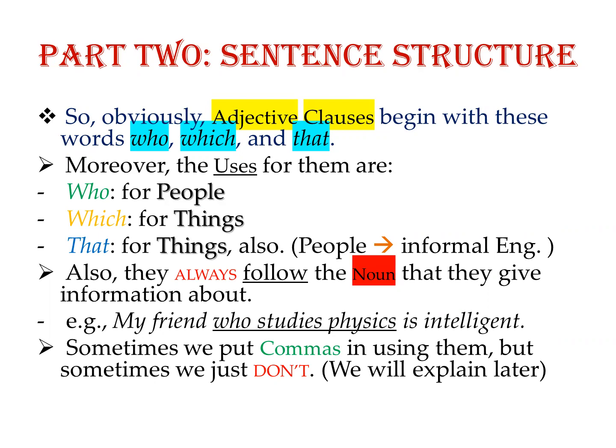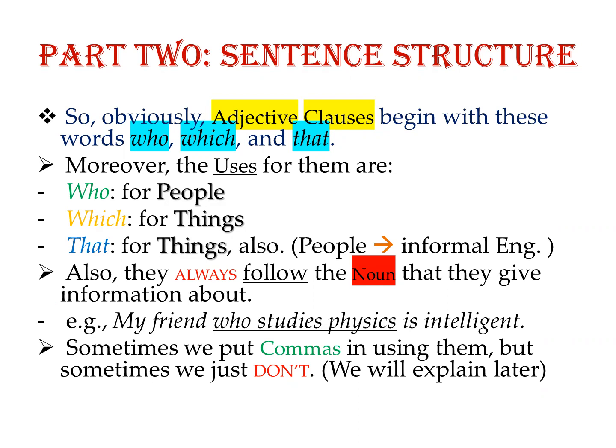Moreover, the uses for them are: who is used for people, which is used for things, and that is also for things, but it is used for people in informal English. Right now, maybe you will wonder why we use that and which for things. I mean, we could use only one, but we'll see that that has special conditions.